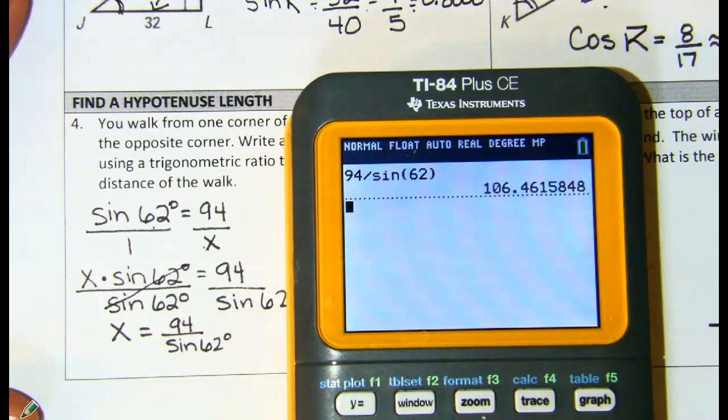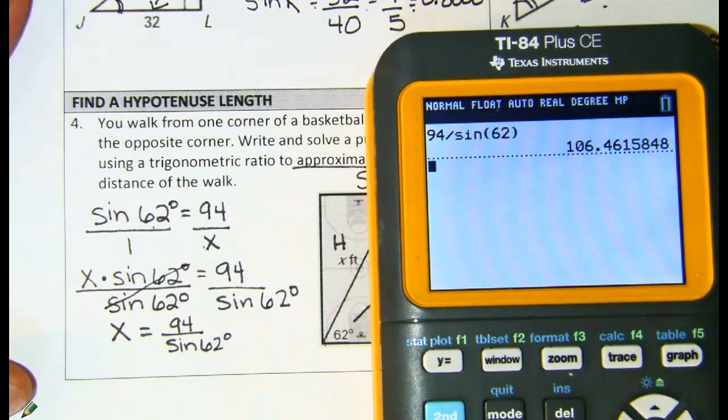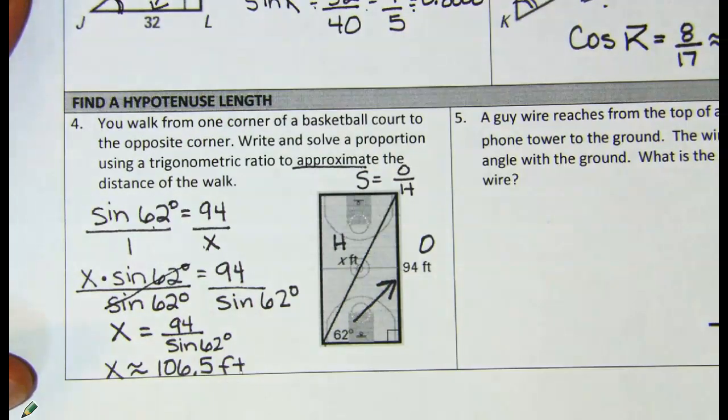And I am going to get a number, and that is the distance of the walk. Now we consider this a leg length, well, it's a hypotenuse, but it's still a length. So we're going to round this to approximately 106.5 feet.